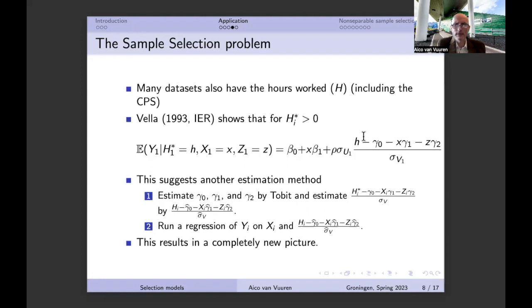So it's almost identical. However, instead of having the inverse Mills ratio, we now get something like this term that we have over here. Well, this now suggests a completely other method.